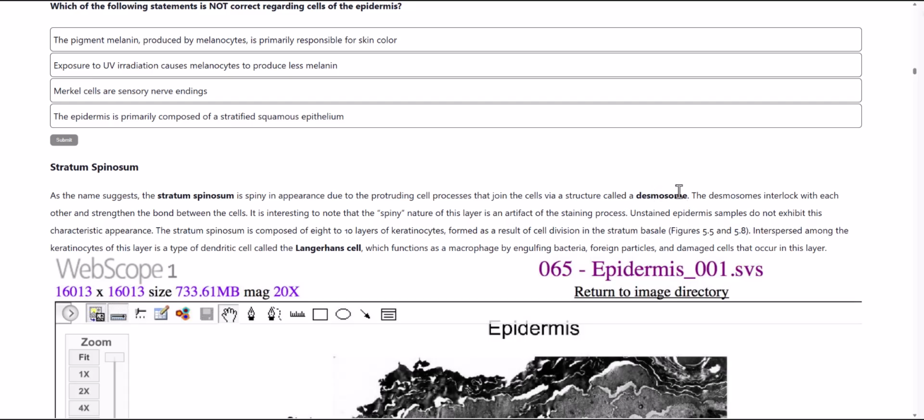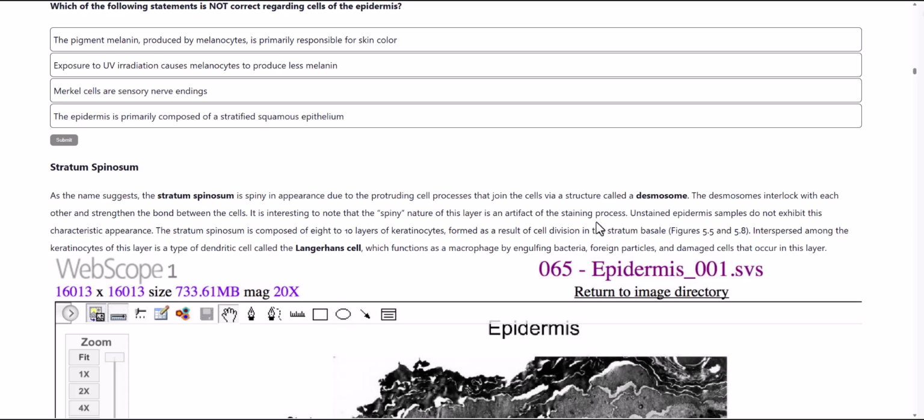Recall, we talked about desmosomes. Those are cell-to-cell junctions that are found between cells that are under quite a bit of stress. And these cells are certainly under stress, holding on to each other as our skin protects our entire body.